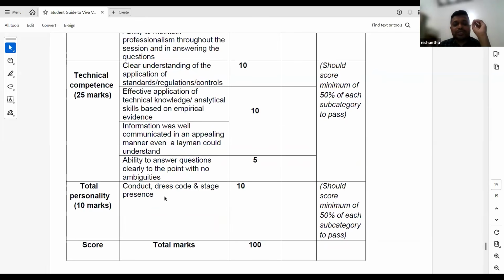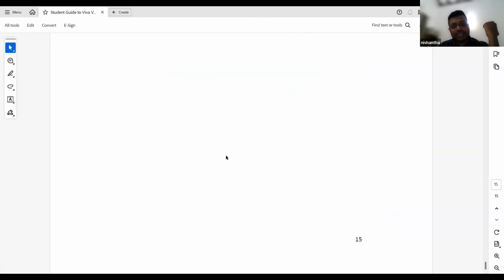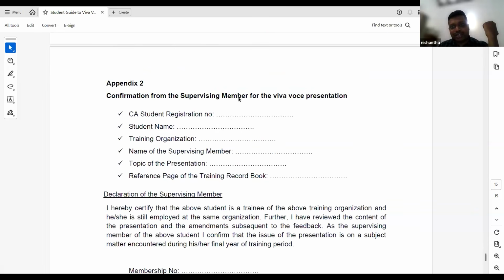There should be a proper gentleman and proper business woman presence like that. Then present your presentation like a pro, right? Because they look at the personality, not on the technicality. Personality also they will check. Therefore, don't panic, and you can easily pass this VIVA presentation.